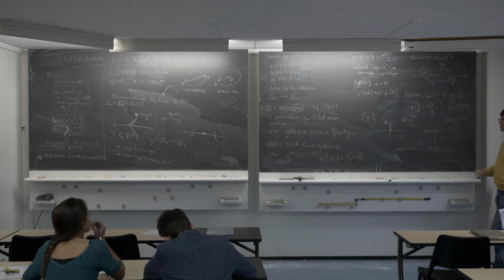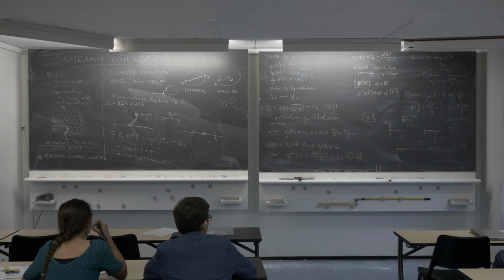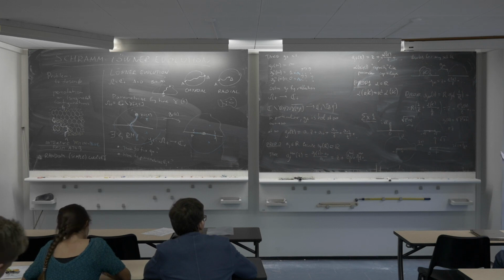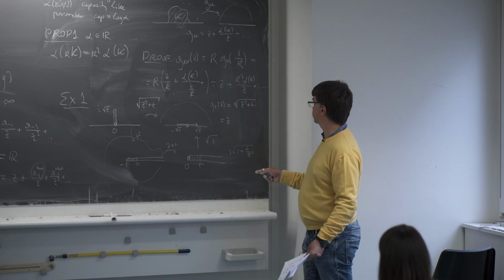Now if you expand the square root, it will be z times square root of 1 plus t over z squared. Did I do it correctly?